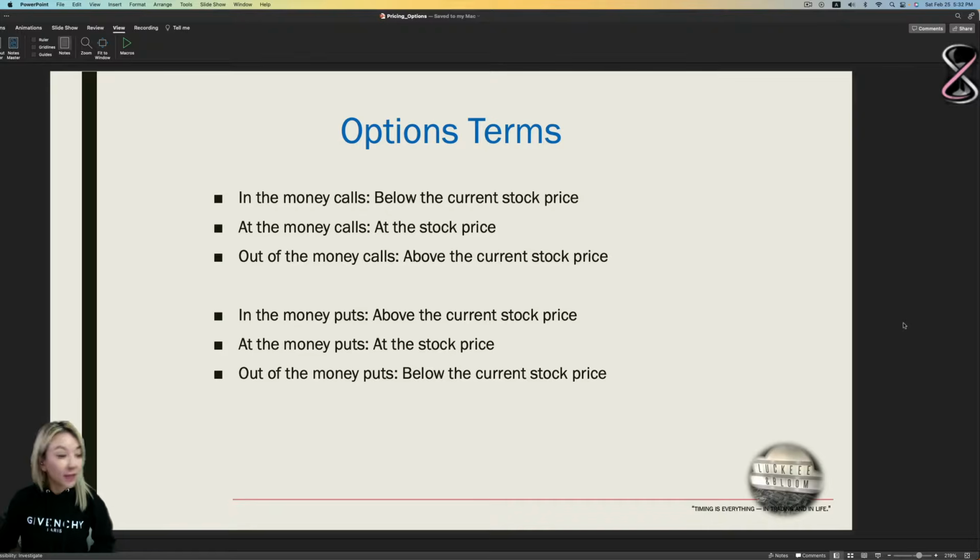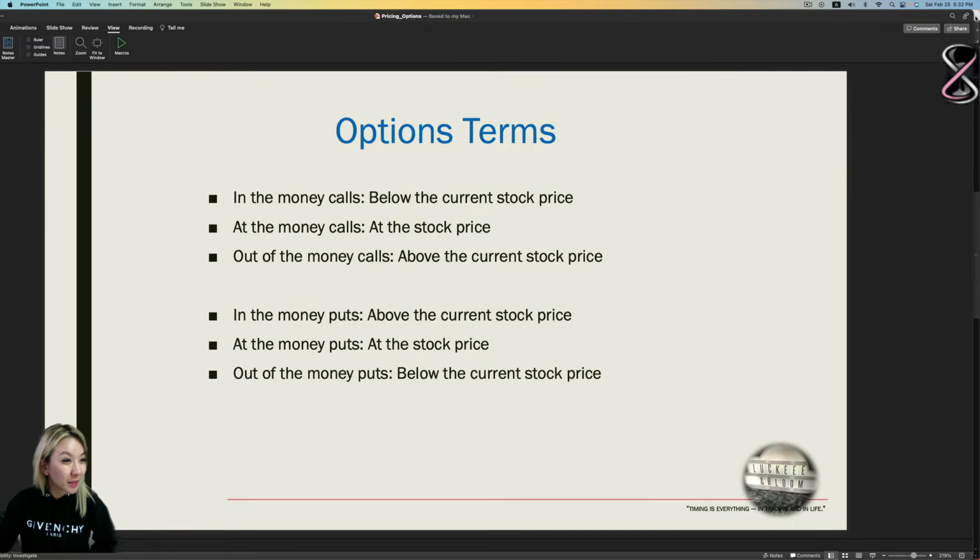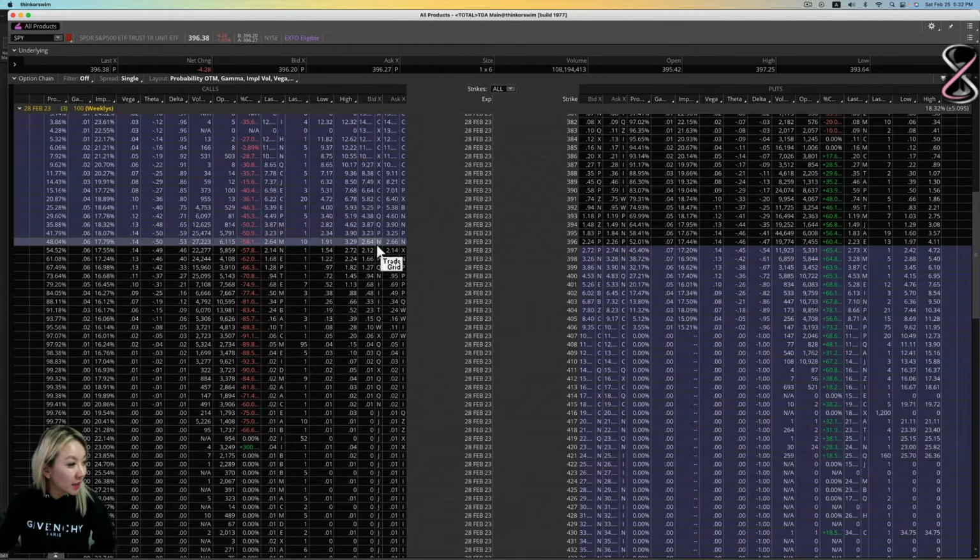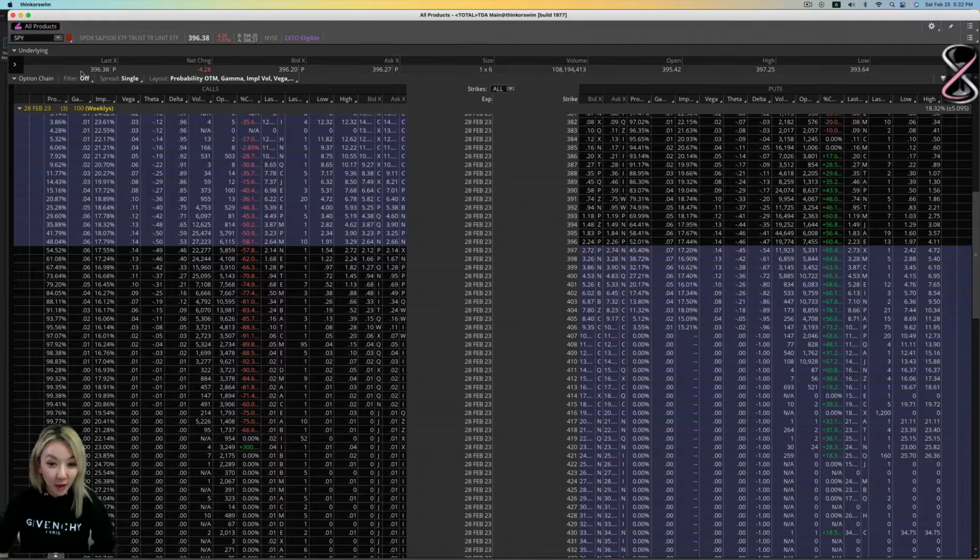Okay. At the money calls, at the stock price, at the money puts, at the stock price, right? So what that means is basically it's right here. It's right at the money. It's the strike at the money. So this is the money strike, or this is the cost of the current underlying.